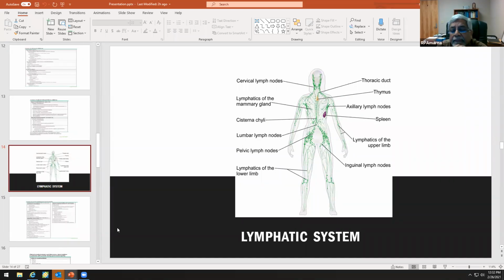As you all know, the lymphatics are the main transporters of the proteins and fat and extra interstitial fluid from different parts of the body into the vascular system. You can see that it goes through all of the lymph nodes and then on through the spleen and then drains through the thoracic duct into the vascular system.